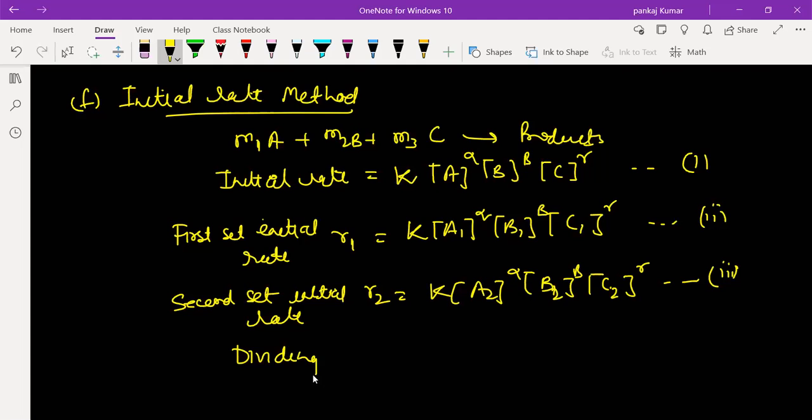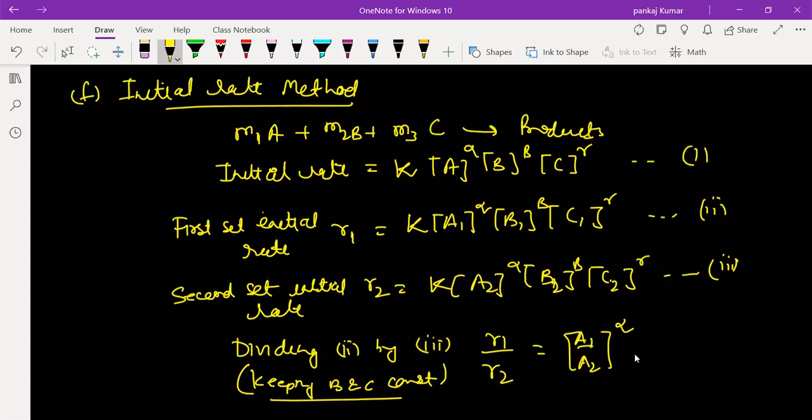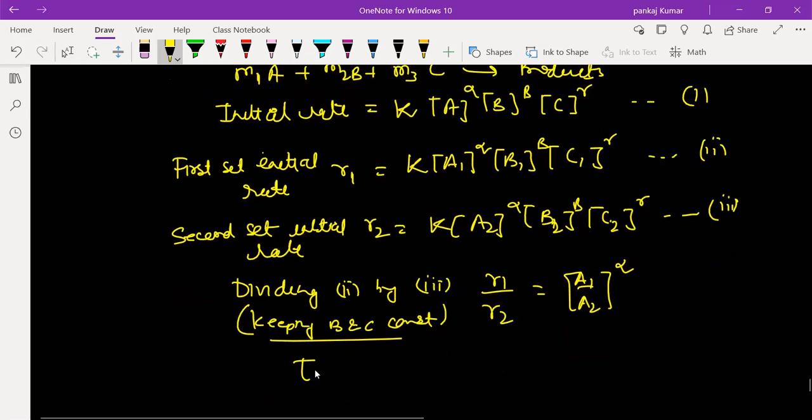So dividing 1 by 2, we get R1 by R2, keeping B and C constant. If B and C are constant, then R1 by R2 will be equal to (A1 by A2) to the power alpha.